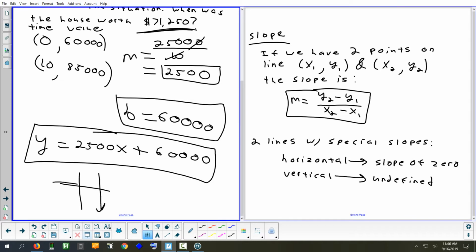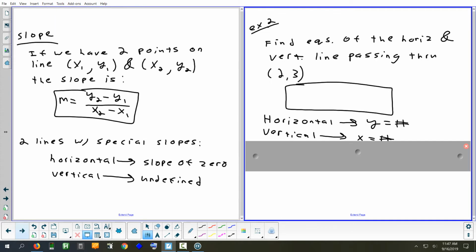Maybe this point is 4, 2, and this point is 4, -3. Well, the x values are the same. If you subtract two values that are the same, what do you get? 0. So when the x values are the same, you're dividing by 0. You can't do that. So they say it's undefined, the slope.